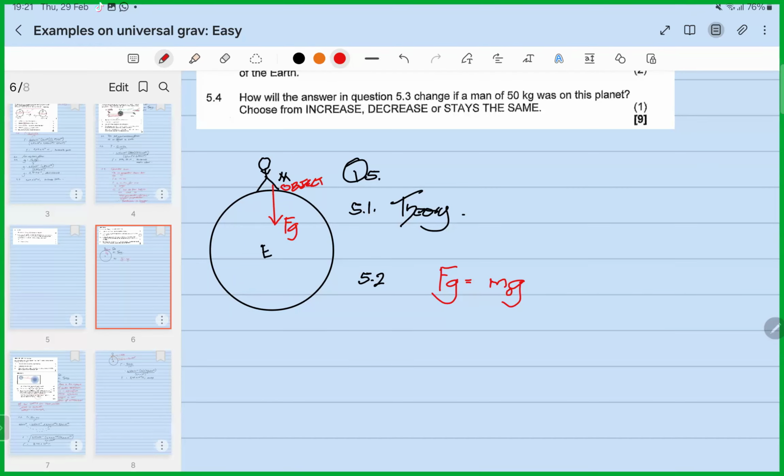This same gravitational force is also now interpreted as the force between mass 1, which is the mass of the Earth, and mass 2, the mass of the man, and the distance of separation between them is the radius of the Earth.